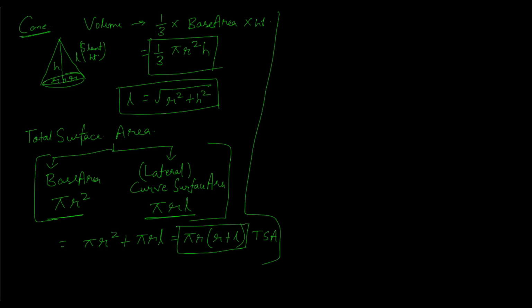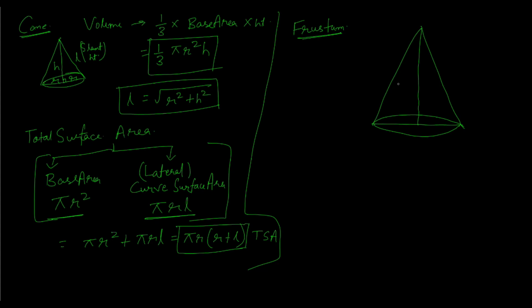Now there is one very important thing that you should directly know, which is slightly scary also. It is known as a frustum. What happens if I cut a cone parallel to its base? If I cut it here, what do I get?